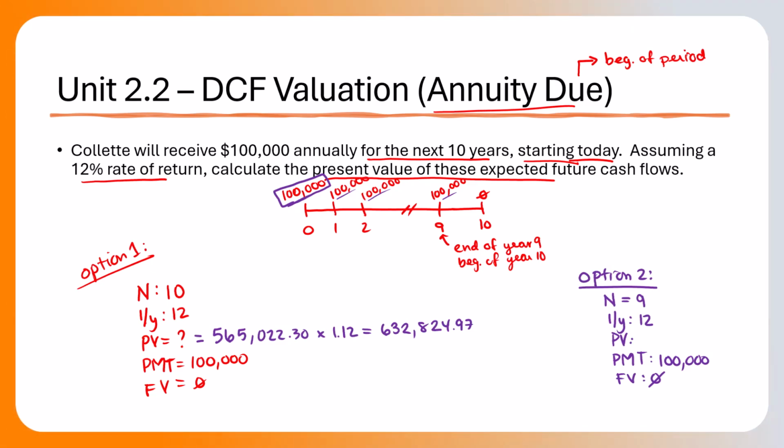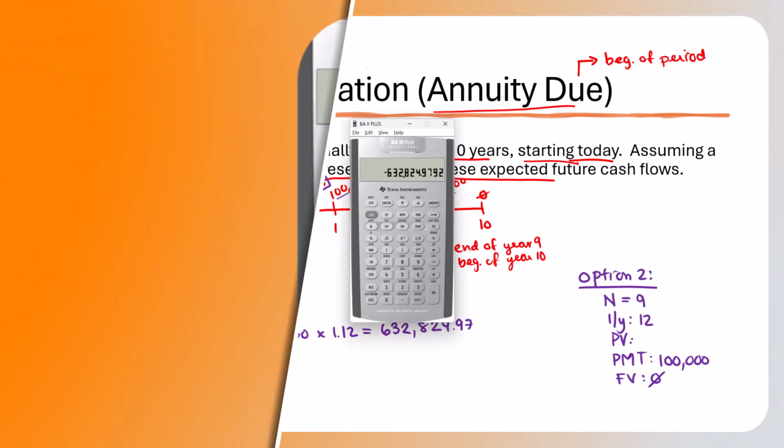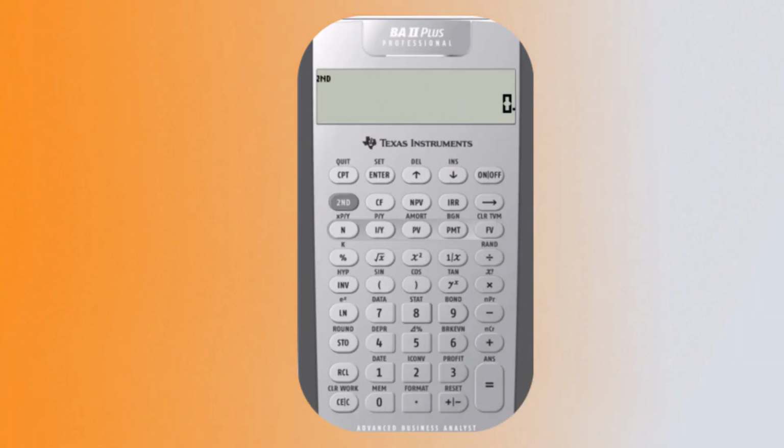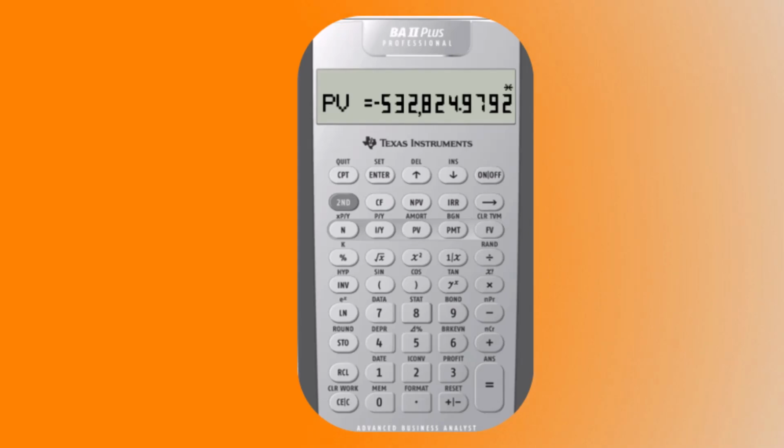The present value of this particular set of cash flows, let's do this in a calculator. We'll clear it out. So we'll type 9 for N, 12 for IY, 100,000 for my payment, 0 for my future value. We'll compute the present value. See that that is $532,824.97, or 98 if we're rounding that up.